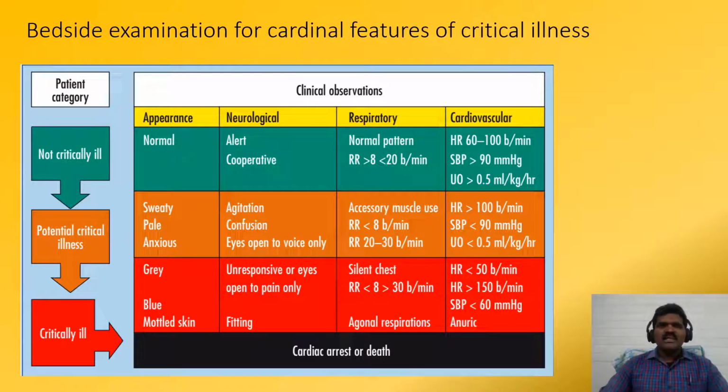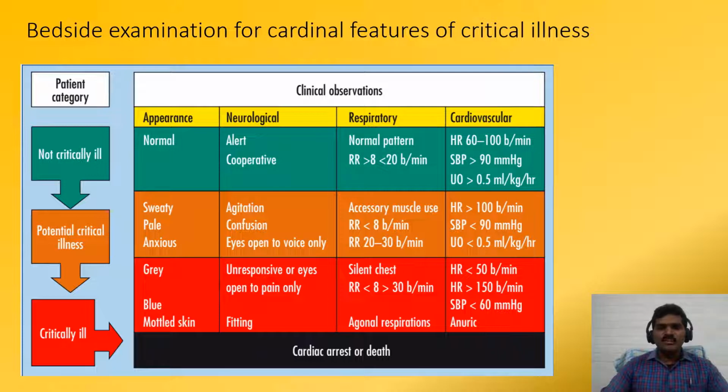Bedside examination for cardinal features of critical illness. When we're talking about a critical illness, you can divide patients mainly into three categories: non-critically ill patients who can wait for some time, potentially critically ill. These are the patients who are having a serious disease but not yet progressed into an irreversible or life-threatening stage yet.